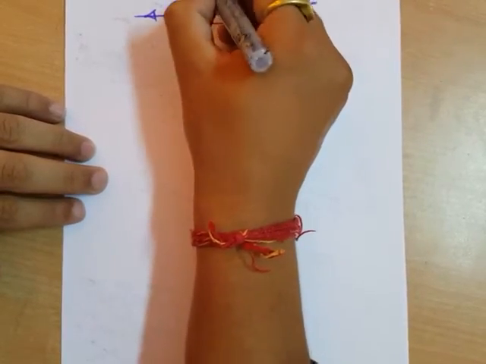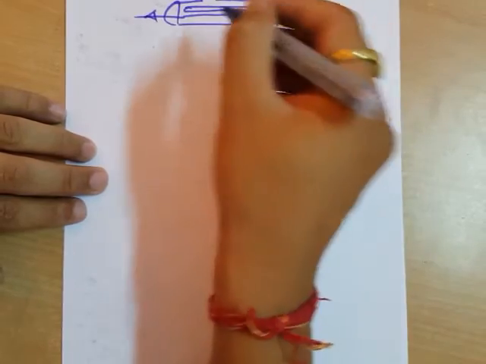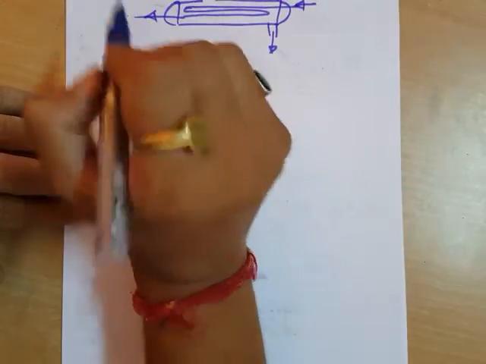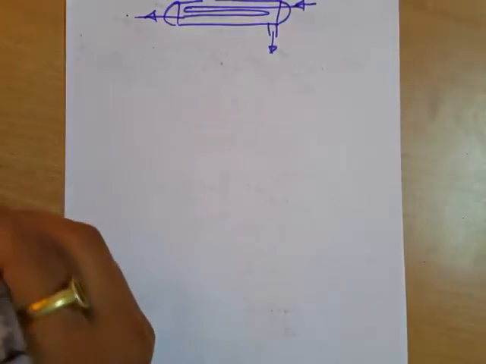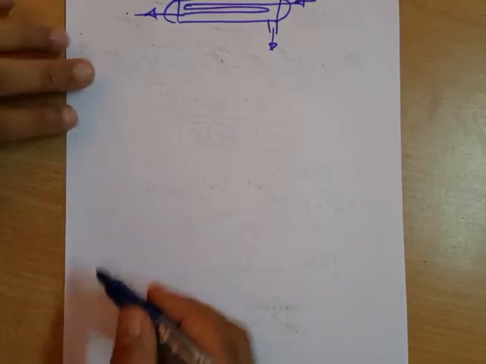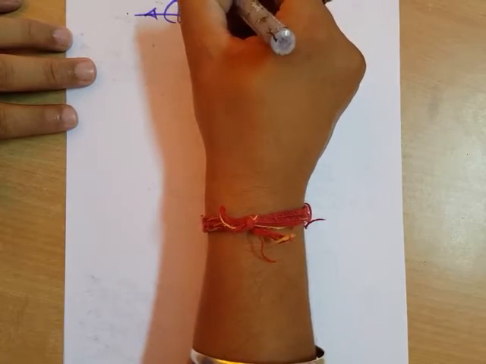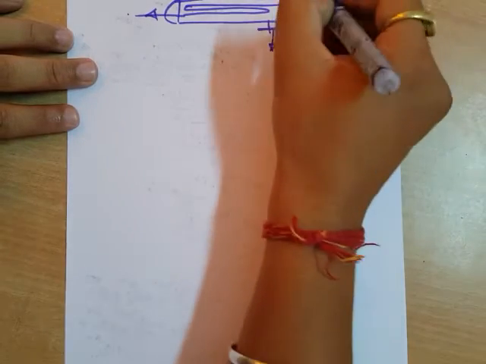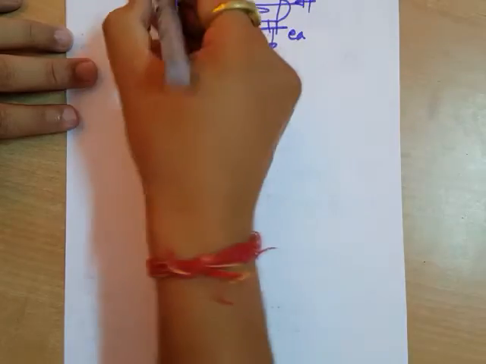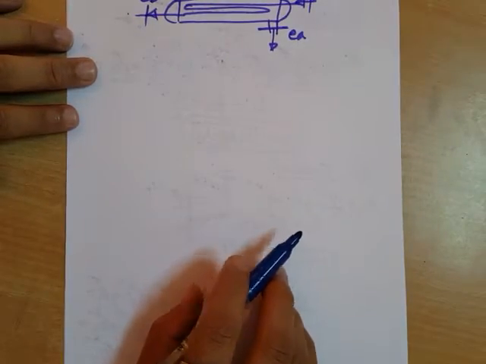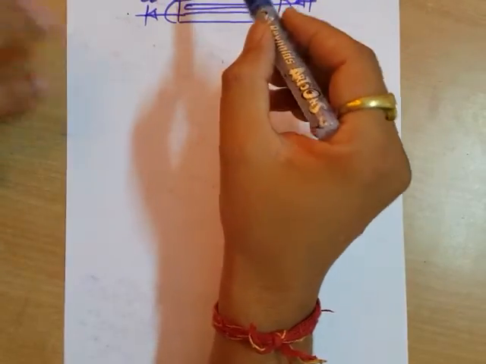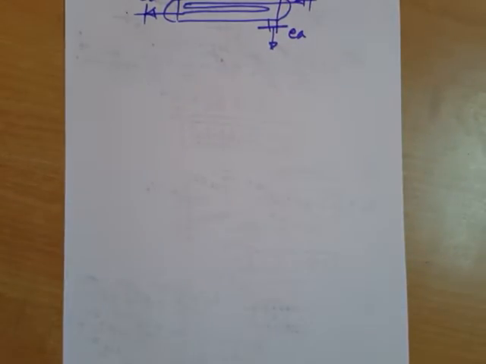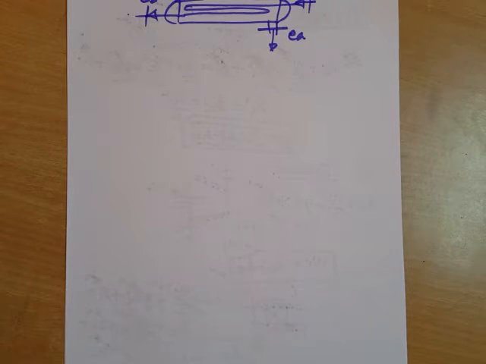Fluid A is coming from here and leaving from here, and fluid B is coming from here and leaving from here. Let us say the entry point of fluid A is IA and the exit point of fluid A is EA. Entry point of fluid B is IB and exit point of fluid B is EB. Friends, in this, one of the fluids will give its energy to the other fluid.